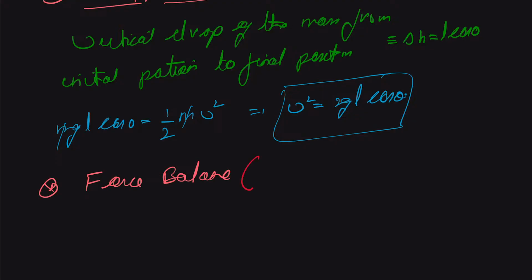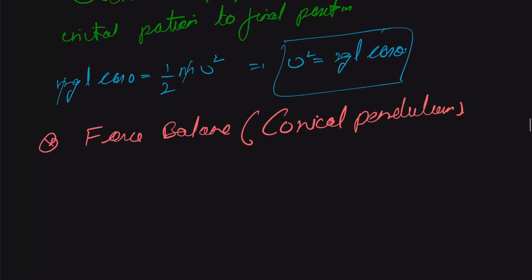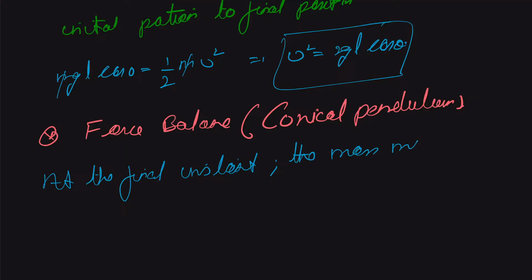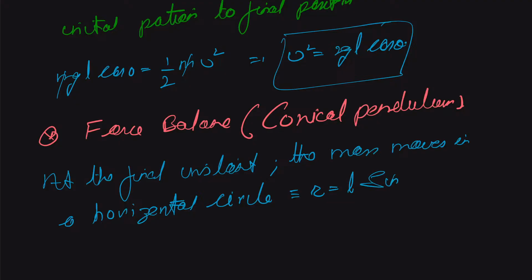At the final instant, which means when the string is completely unwound, that is, the length of string is L, the mass moves in a horizontal circle whose radius is r, and that is L sin theta.